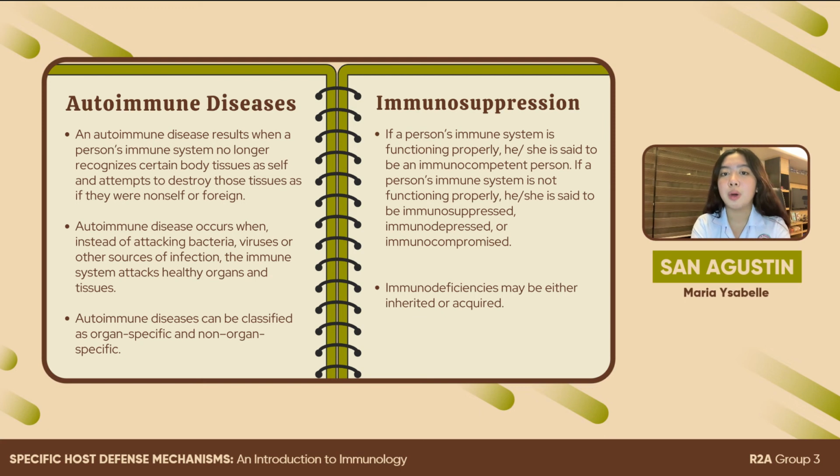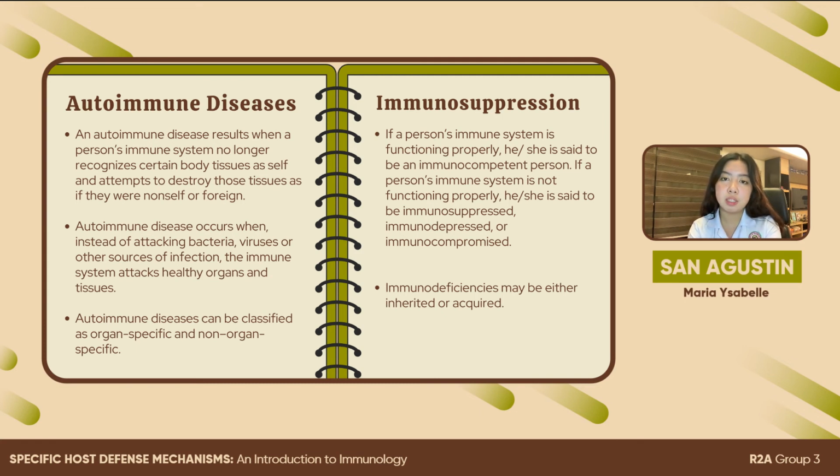It's not known why autoimmune diseases develop, although most people who have an autoimmune disease have a genetic predisposition. An environmental factor such as an infection, stress, medication, diet, or even ultraviolet radiation then triggers the symptoms of the autoimmune disease. Autoimmune diseases can be classified as organ-specific and non-organ specific.